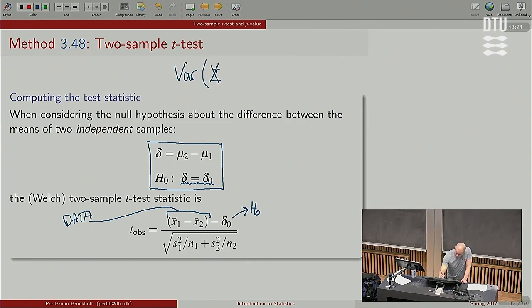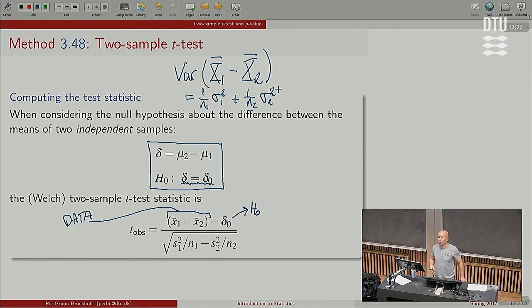seen as random variables, x1 bar minus x2 bar, well, you would be able to tell that to me based on the rules for variance that I taught you. Because that would be the variance of one plus the variance of the other, right? And what's the variance of one? That's 1 over n1 times sigma 1 squared, plus 1 over n2 times the variance of the second.